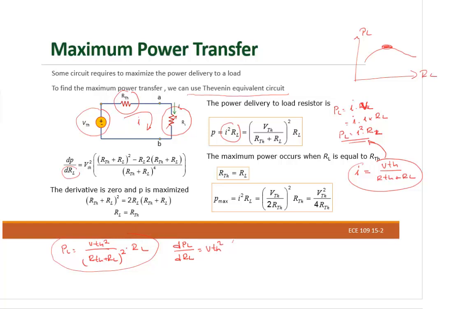VTH squared, d over dRL of RL divided by (RTH plus RL) squared. Let me change the color here.